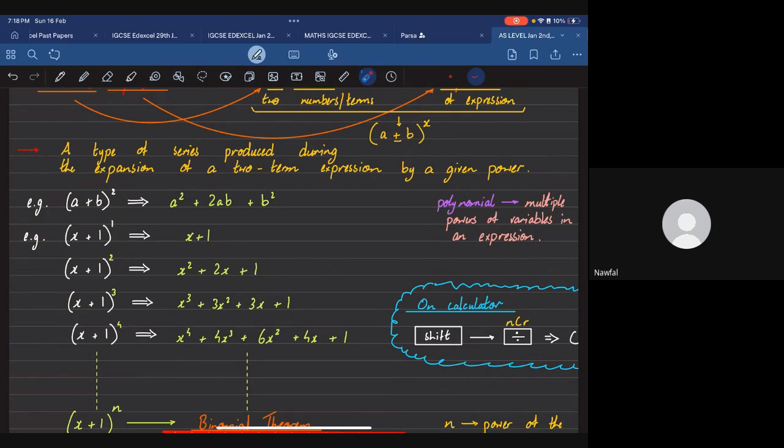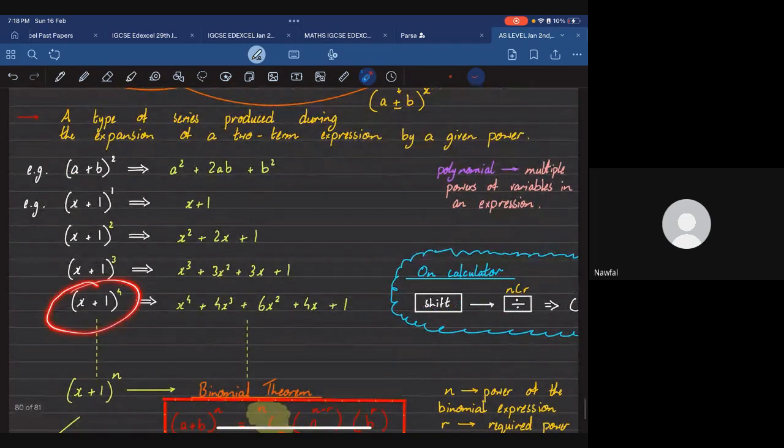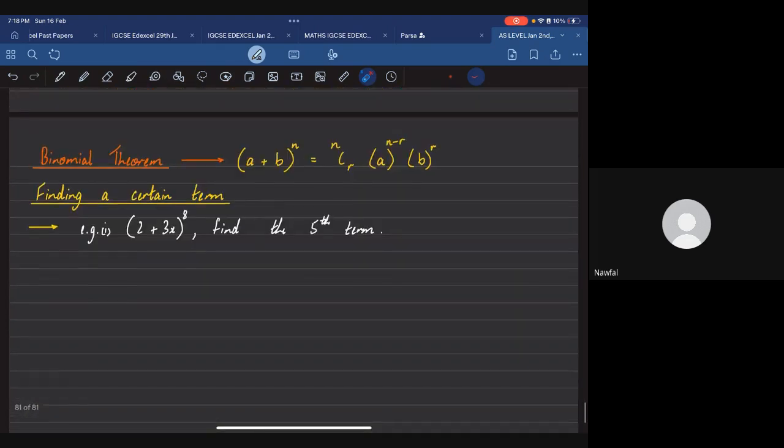Therefore, if you want to find the fifth term, and one thing is for sure, okay, x plus 1 raised to the power 4 was expanded, and the 1, 2, 3, 4, fifth term was raised to the power 4. The fourth term was a power less than the total power. Therefore, if he is asking for the fifth term, that means that we're trying to calculate what? We want the power of that fifth term to be lesser than power of 5.